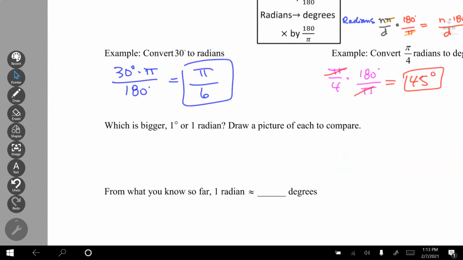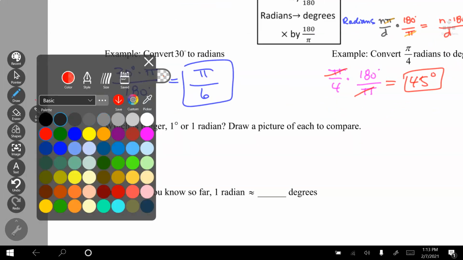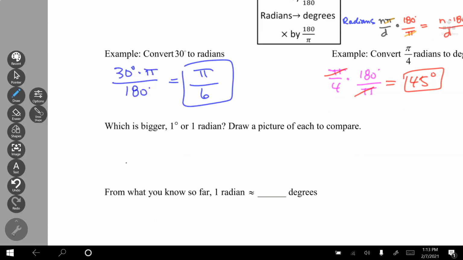So which is bigger, 1 radian or 1 degree? Well, I don't even know if I can draw 1 degree. I'll try my best. But 1 degree would be really long, barely up, like that. I bet even that's bigger than 1 degree. For 1 radian, if this is a radius length, I have to draw an arc that's about the same length.